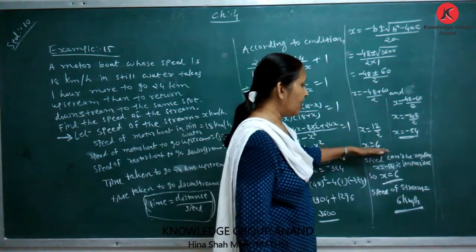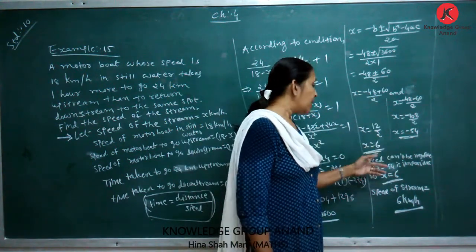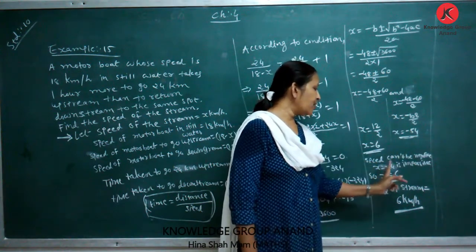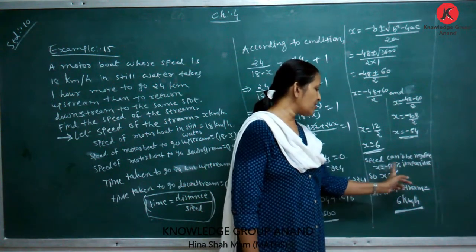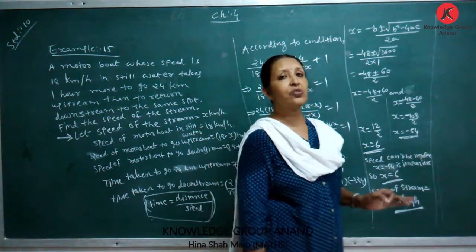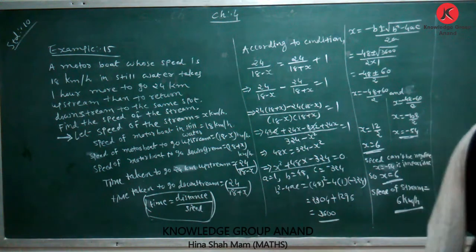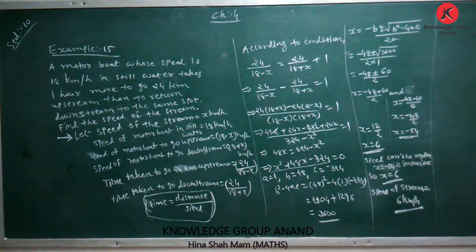You write here, by factorization, find roots. Speed can't be negative, therefore x is equal to minus 54 is impossible. So x is equal to 6. x, the speed of the stream, is equal to 6 km per hour. Here our chapter 4 is completed.